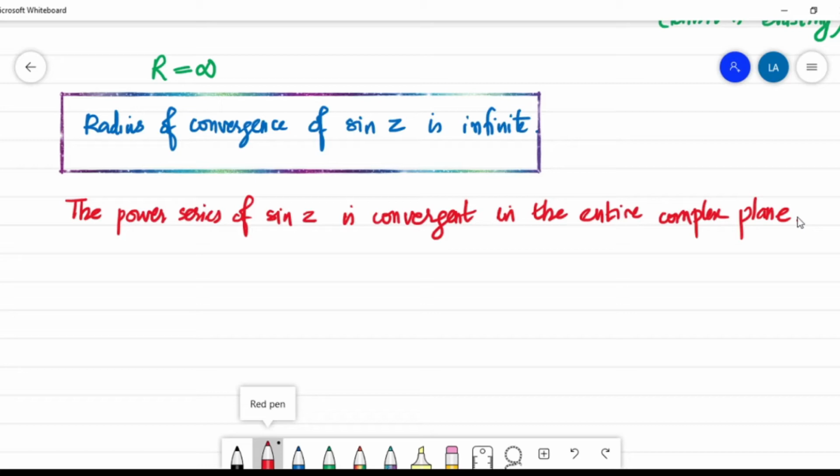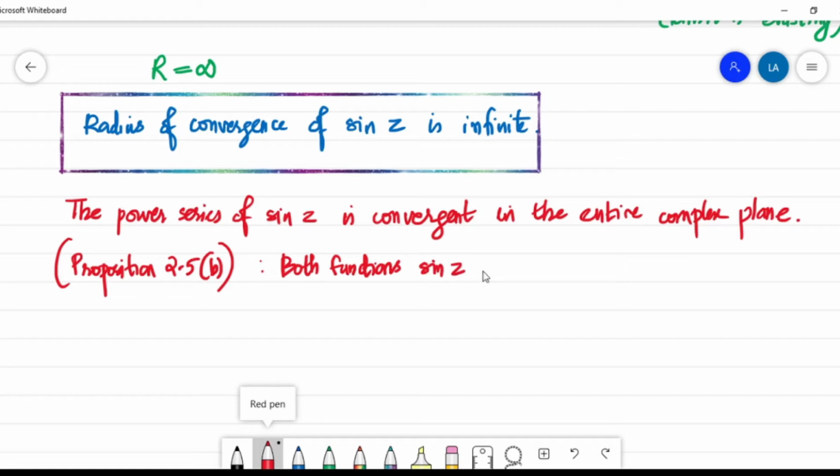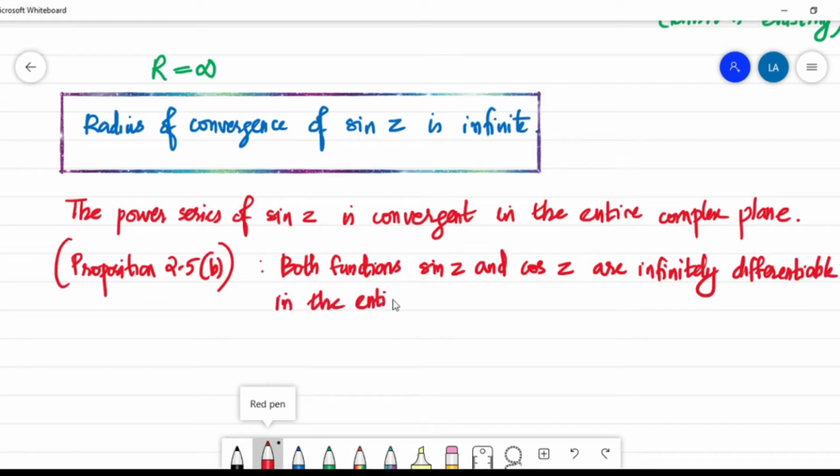both are convergent, and that will definitely mean that from proposition 2.5b, please refer to it, we will get that both the functions sine Z and cos Z are infinitely differentiable in the entire complex plane.